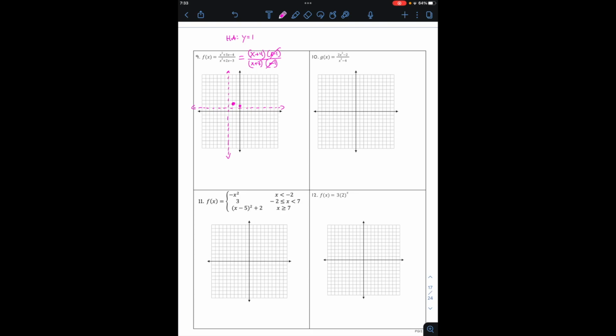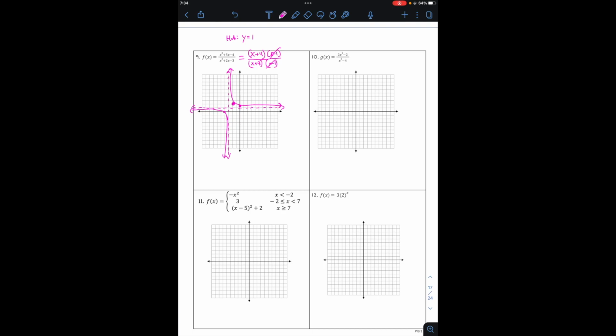Which seems a little weird, but okay. And then there we go, we'll draw our little rational. Cool, and then over here we would expect a point and some other points, but whatever, off we go. I guess we could know that the x-intercept would be negative 4, 0 anyways.